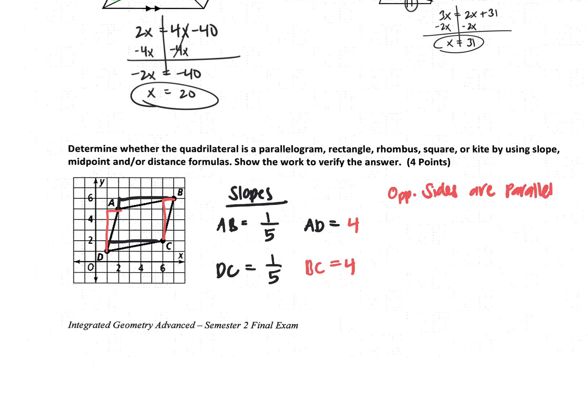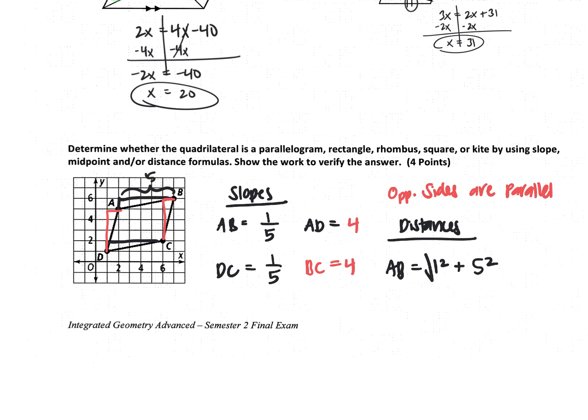all I need to do is check and see if the opposite sides are congruent. If we check my distances here, since my slopes were the same, they should end up being the same, but let's just double check. So AB, if I think about the Pythagorean theorem, I've got a distance of 1 squared plus a distance of 5 squared.